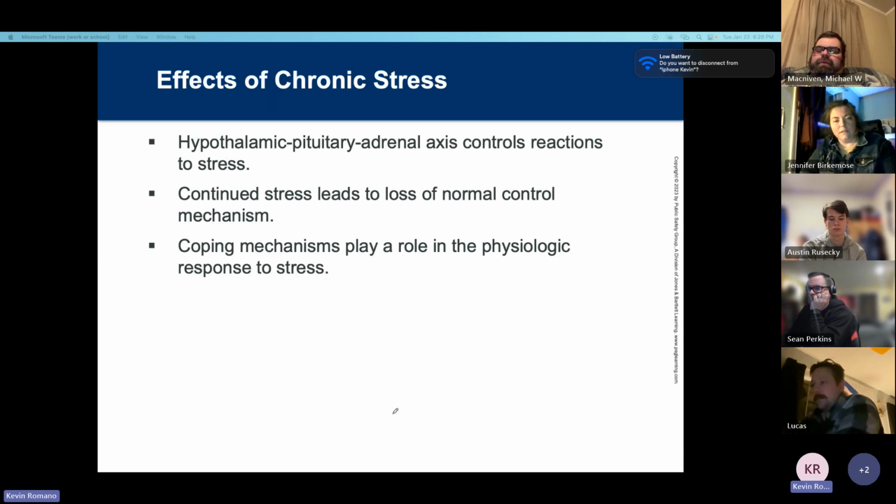A consistently high cortisol level suppresses the immune system. So we're talking about that increased cortisol, Cushing's. Effective coping mechanisms can help a patient improve the immune system response. So how do they cope with what's going on?